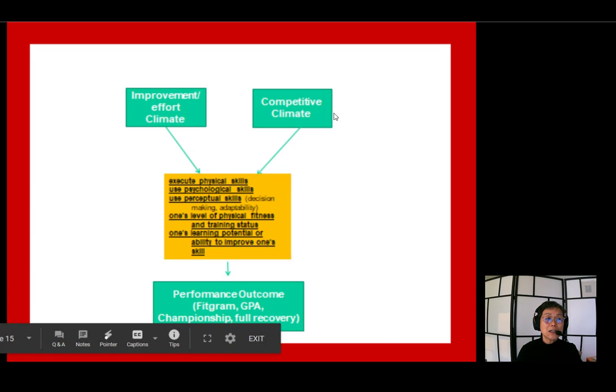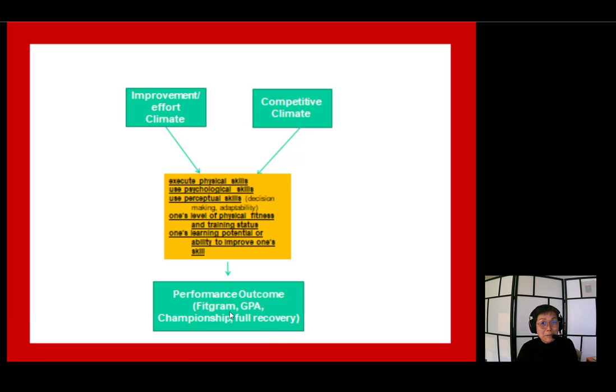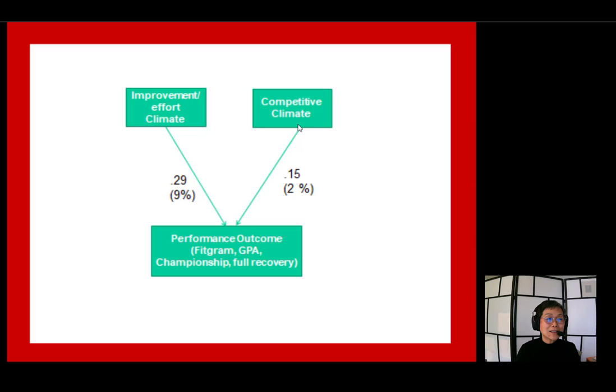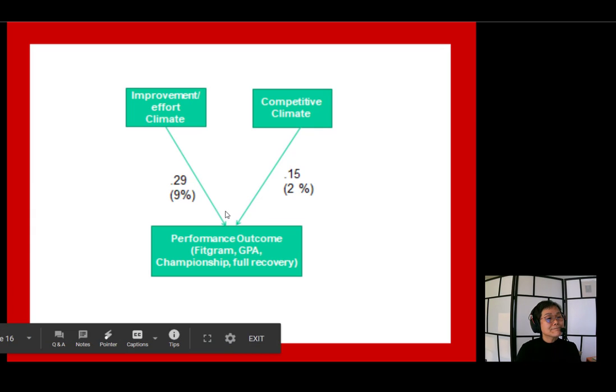This climate could indirectly help the outcomes, but not really that much. It's more of influencing psychological processes, which is more of self-confidence right here, which actually predicts my outcome directly. So researchers actually tested statistically how much climate directly predicts the outcome.